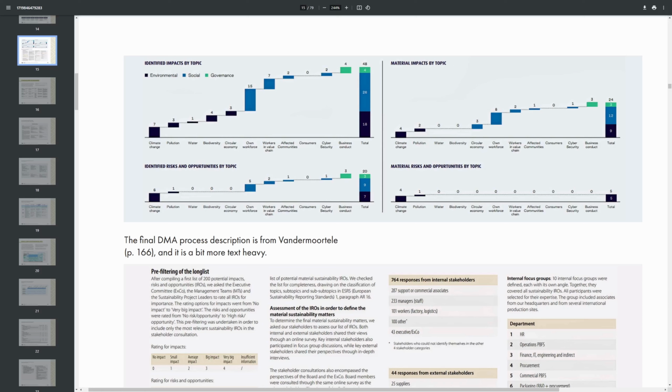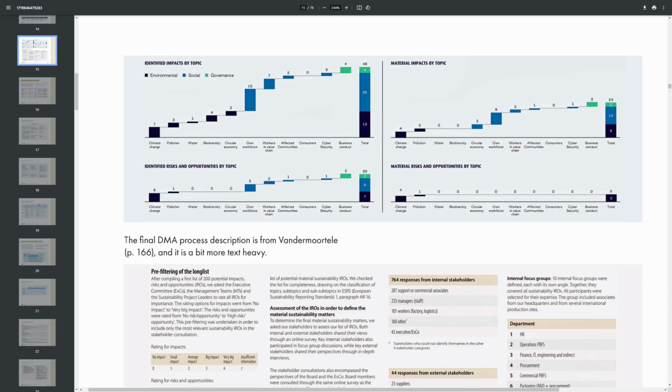It also tells the reader which topics will have financial information, in this case, pollution and climate change. They will be the topics where I would expect to see financial information, and the topics where I would expect to find impact information: climate change, pollution, circular economy, own workforce, workers in the value chain, affected communities, cybersecurity, and business.